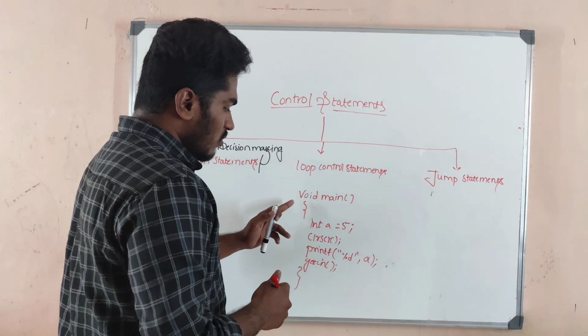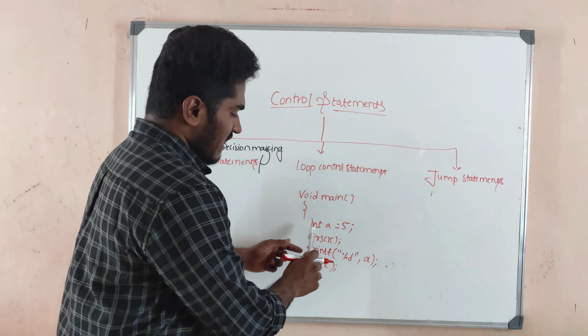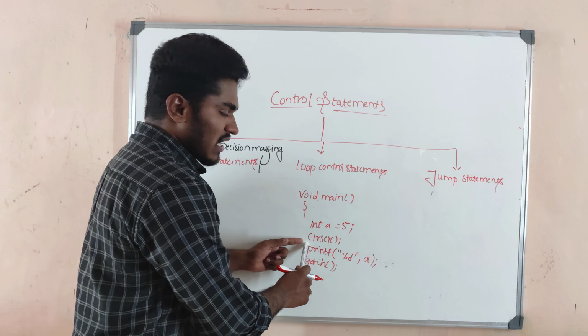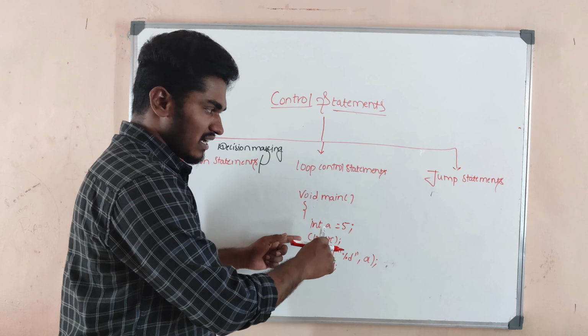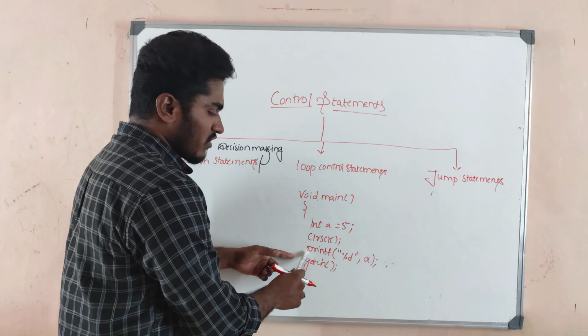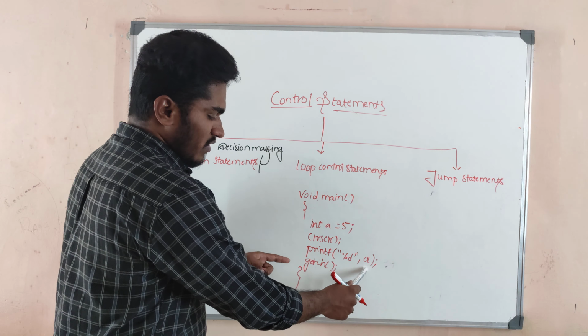So this is the basic C program. See here, int is the data type of a, and the clrscr function is used to clear the output of the previous program. The printf function is used to print the current value of a.